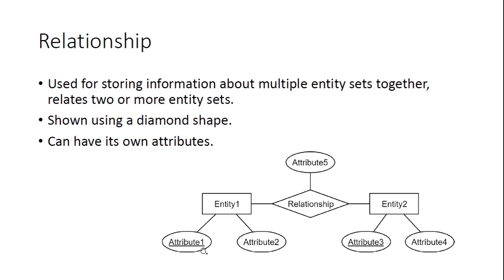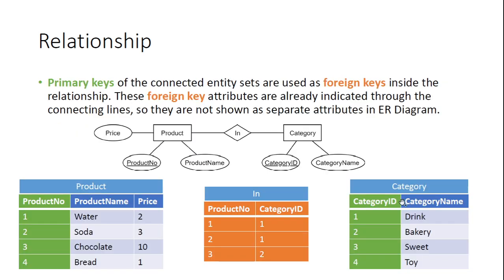The primary key is the underlined attribute or attributes. So for example, to be able to find a unique row here, I need to know the attribute 1. And for entity 2, if I know the attribute 3, I can find a unique row inside that set. The relationship means that I need to store this attribute 1 to refer to entity 1, and I need to store this attribute 3 in the relationship to be able to select entity 2.